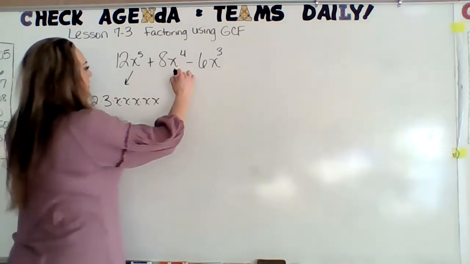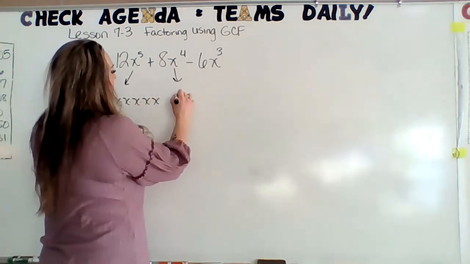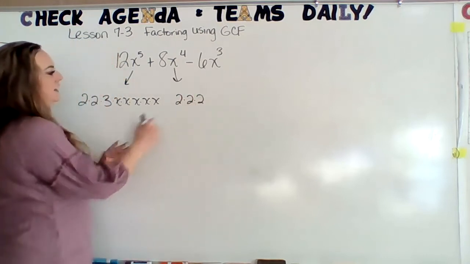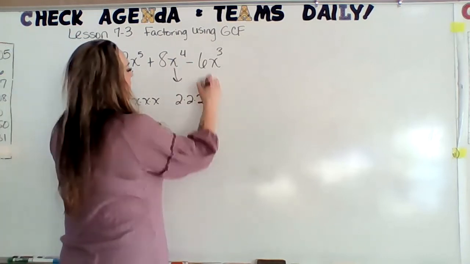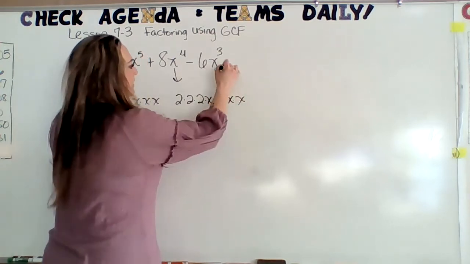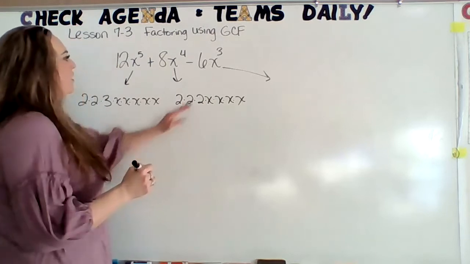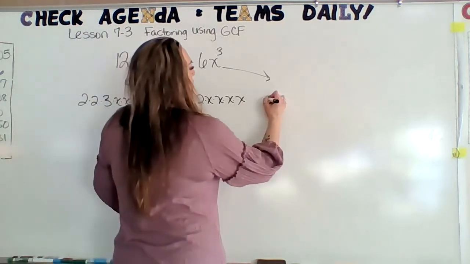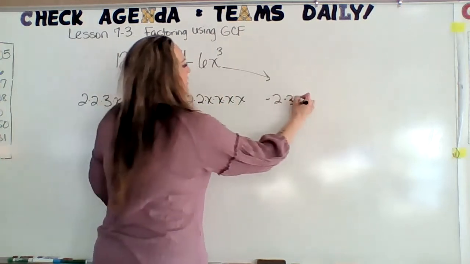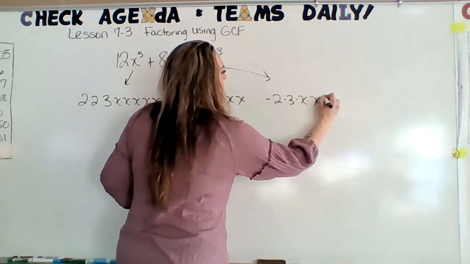Over here, we would have 2 times 2 times 2, right? 4 times 2 is 8. And we would have 4 x's being multiplied together. Over here, we'd have a -2 times 3, and then 3 x's.